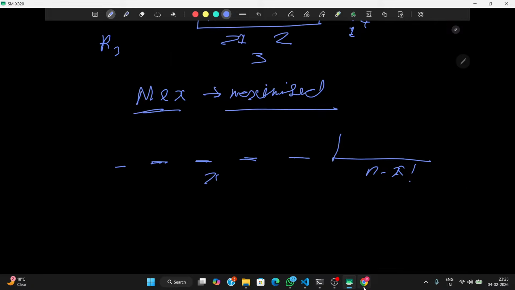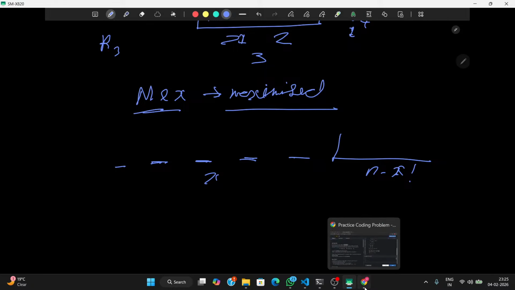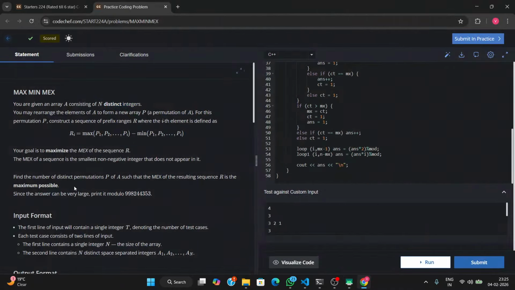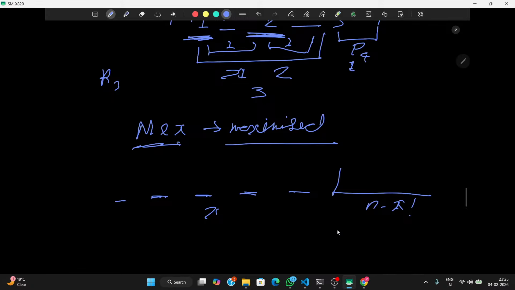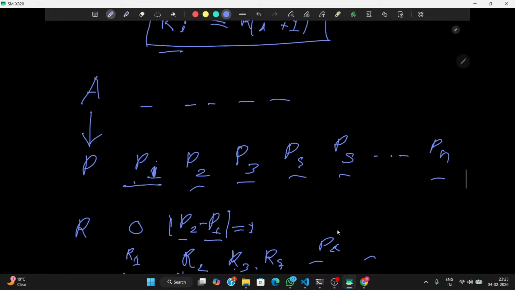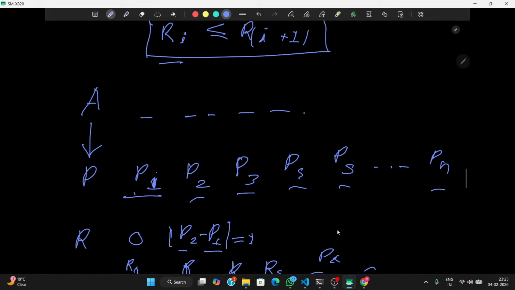Now, as we can see in the problem, first of all we need to find the maximum possible max that we can create. What will be the maximum possible max? We can simply find it by iterating over all the elements of array A, the array that was initially given.